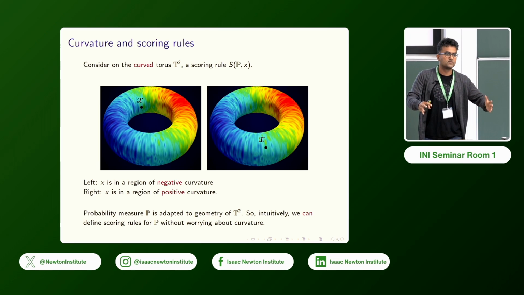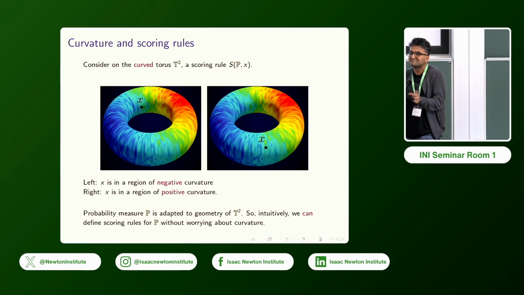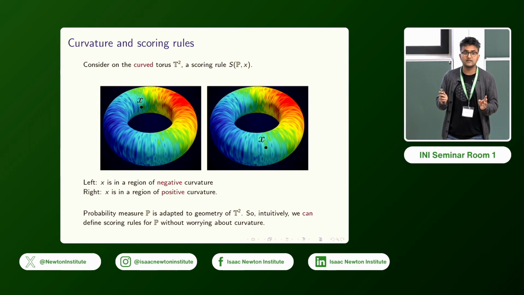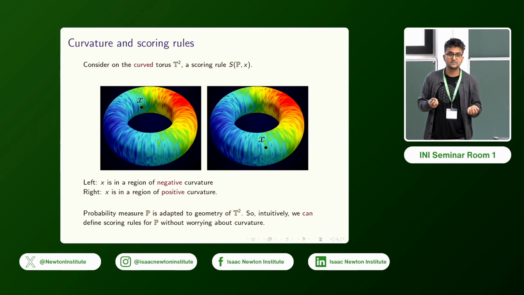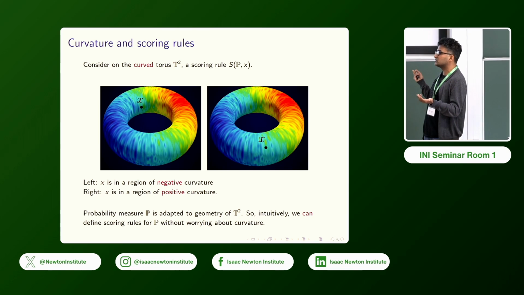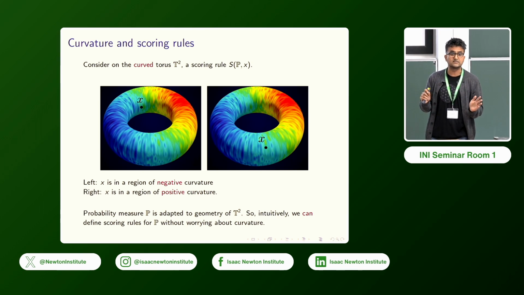Everything is there in the probability measure. Whatever it says is what is there. Extraneous to that, the actual structure of the space may not be all that important. Intuitively, you would think that, and by and large, that's true, depending on what kind of scoring rule one chooses. So this is a situation where the probability adapts itself to the geometry automatically, in some sense.